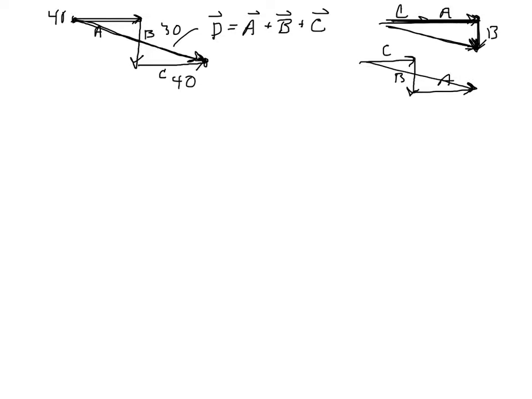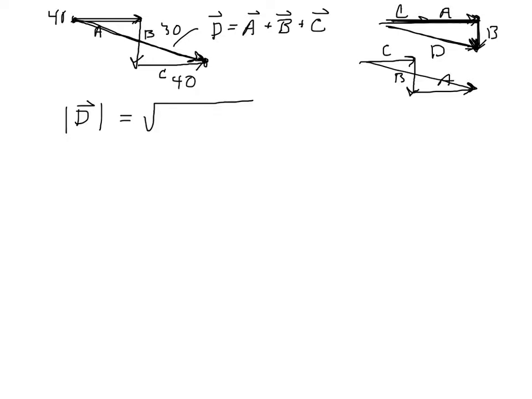The answer for the magnitude of D, and the way we would write that is we write the vector D, and we put it in absolute value signs. That means the magnitude of D. It's going to be the square root, right, because the hypotenuse squared equals the two sides squared.